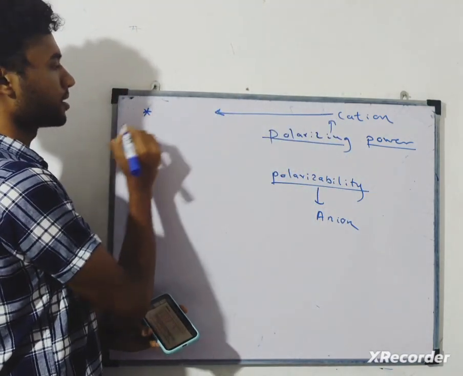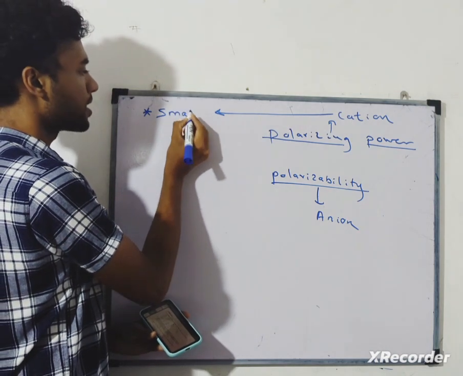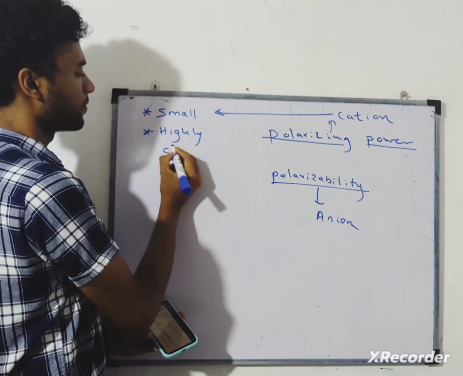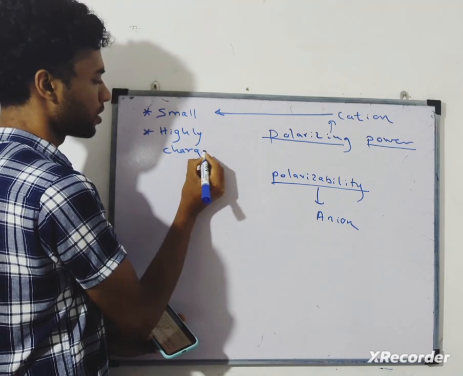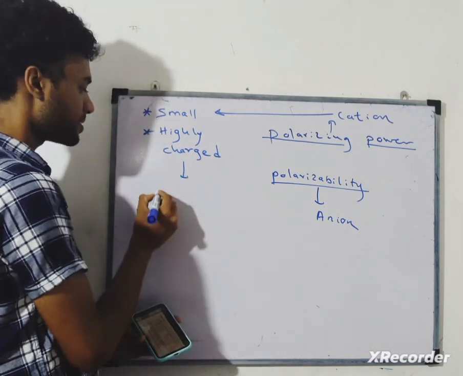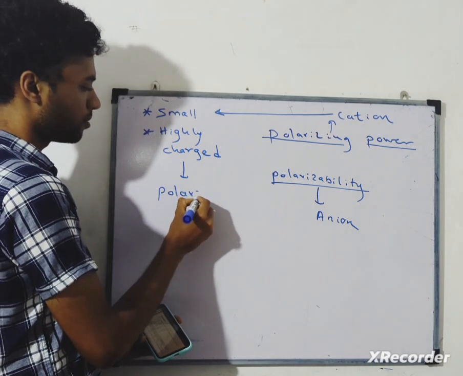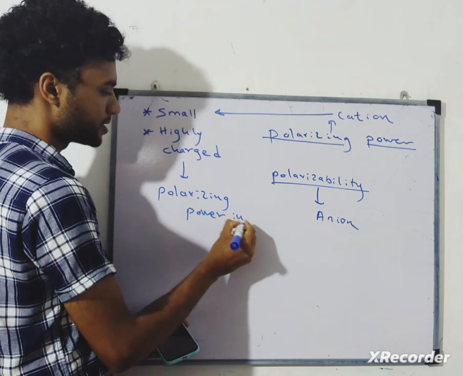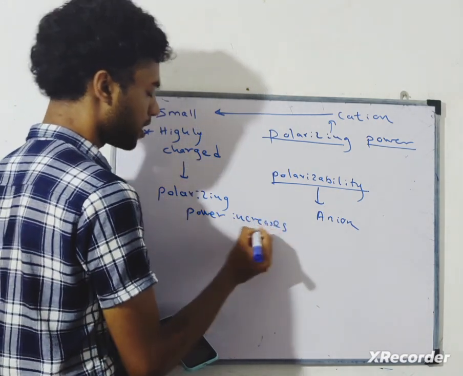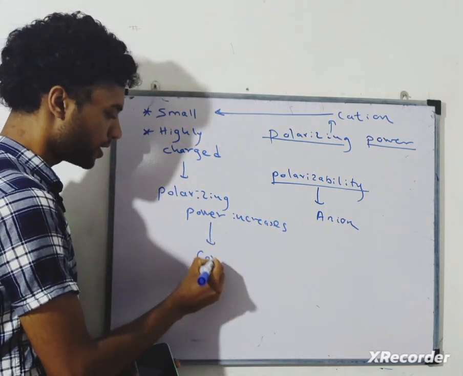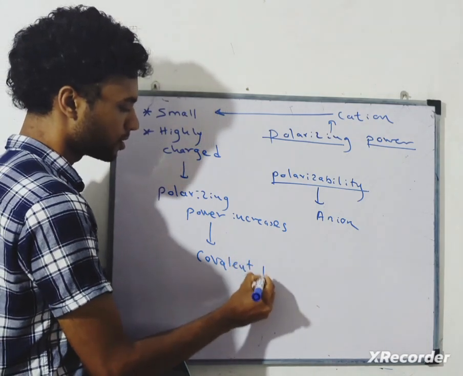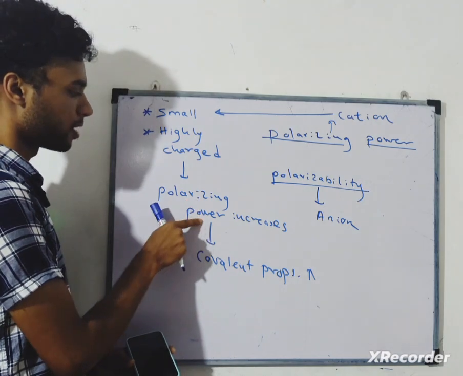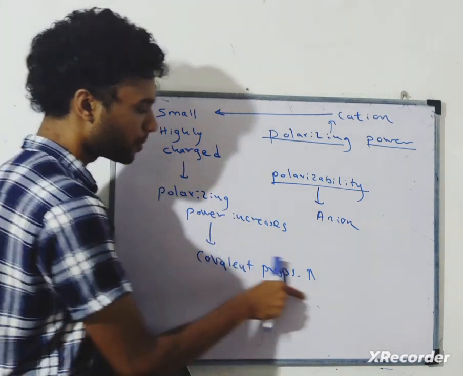Now, these are two very important points. When the cation is small and highly charged, polarizing power increases. When the polarizing power increases, covalent properties increase, right?